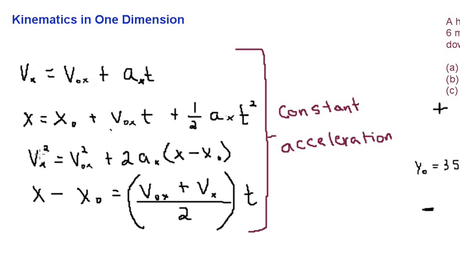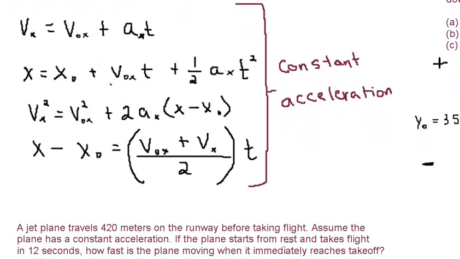Okay, this is the final velocity in the x direction squared, which is equal to the initial velocity in the x direction squared plus 2 times the acceleration in the x direction times the final distance minus the initial distance. And finally, the final distance minus the initial distance is equal to the initial velocity plus the final velocity divided by 2, and all of that multiplied by t, which is the time.